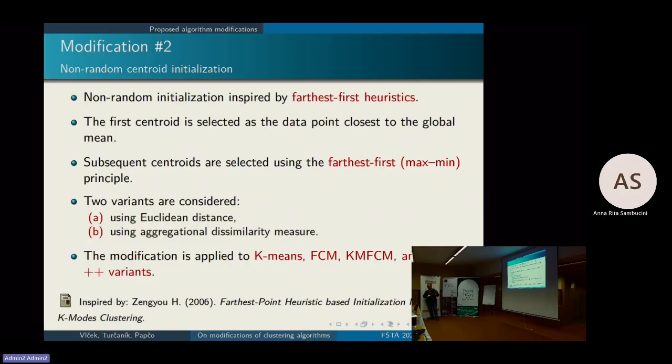So the first centroid is initialized somehow, and then we apply the farthest first max-min principle in 2 variants, using Euclidean distance and using the aggregational dissimilarity measure, also for these 6 algorithms. And we choose that the first centroid will be the point closest to the global mean. It's our choice; another aggregation function can also be used.